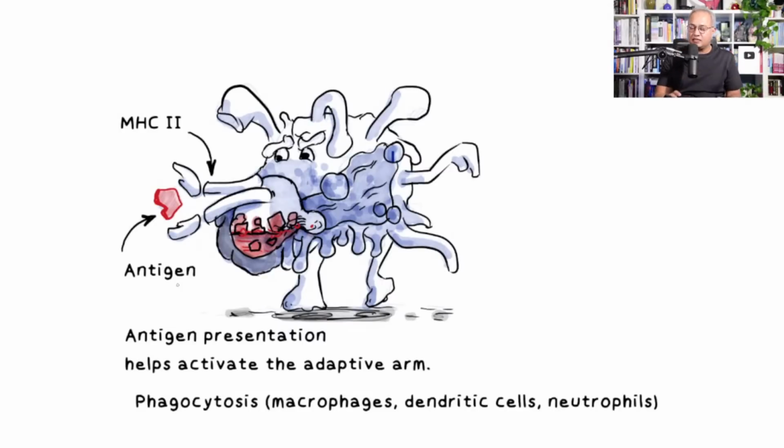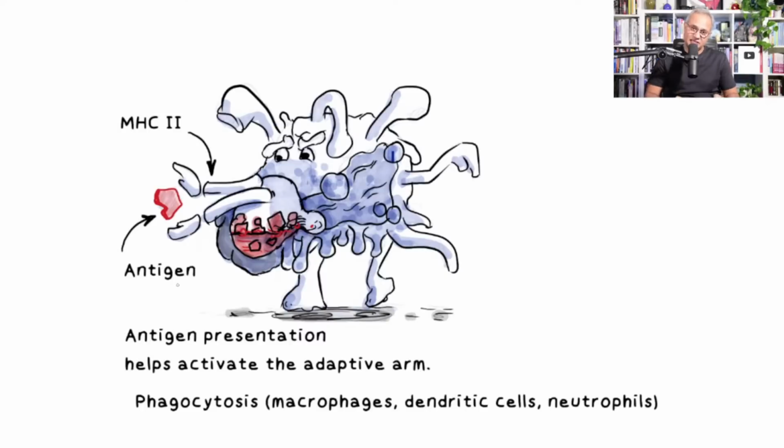But sometimes babies are born with a disease called severe combined immunodeficiency syndrome or disease, SCID. In that disease, the baby has no adaptive arm at all, or not a functional adaptive arm. Their T cells and B cells are not correctly produced or not correctly functioning.